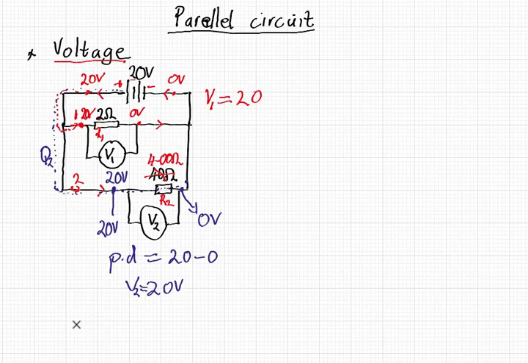From this, you just have to conclude that the voltage in parallel is the same. Look at this. Source voltage, EMF, is 20. The voltage here, V1, is 20. The voltage here, V2, is 20. So the voltage is the same.